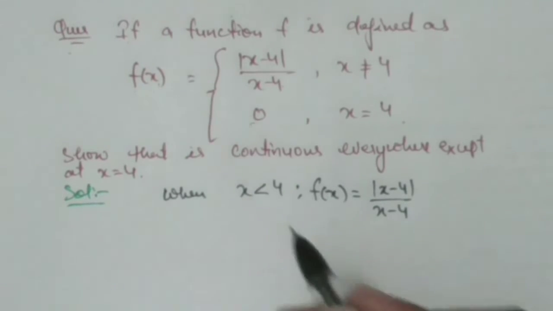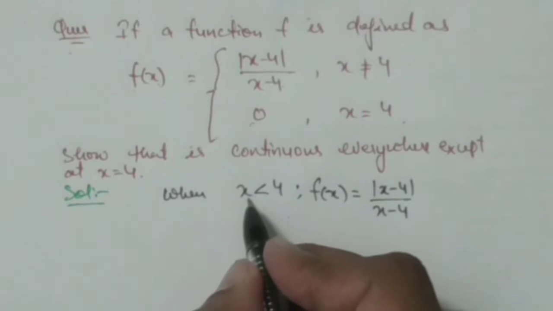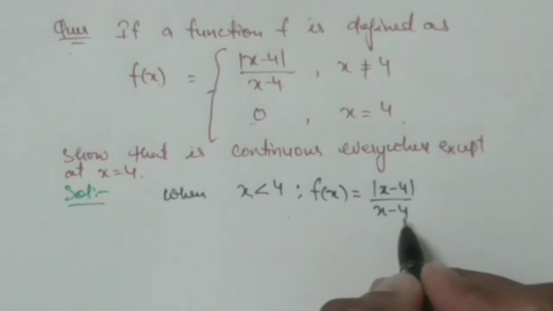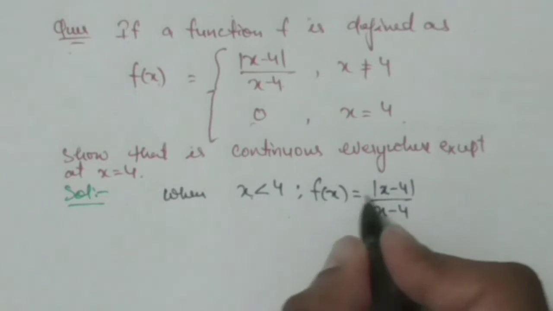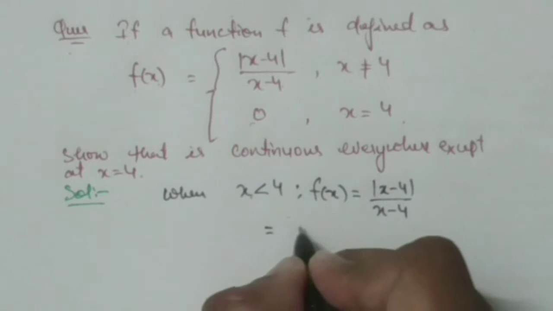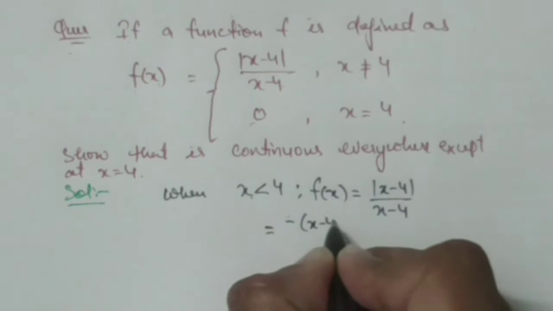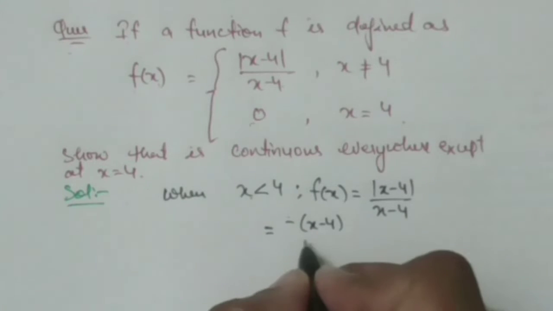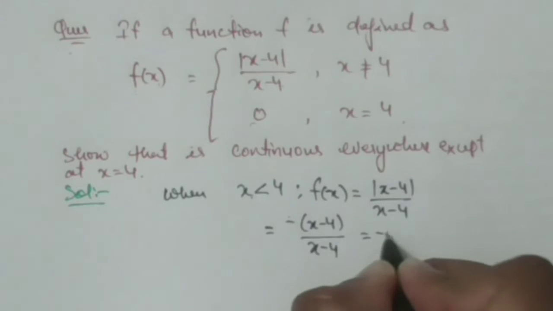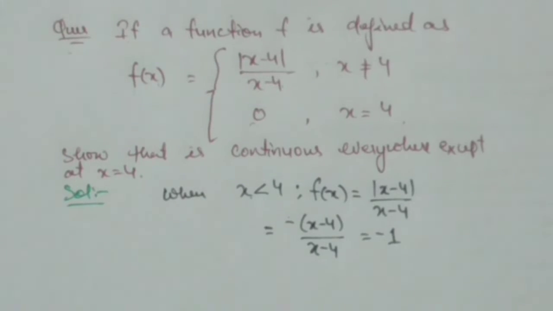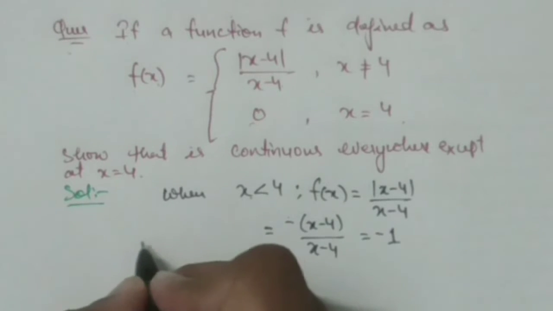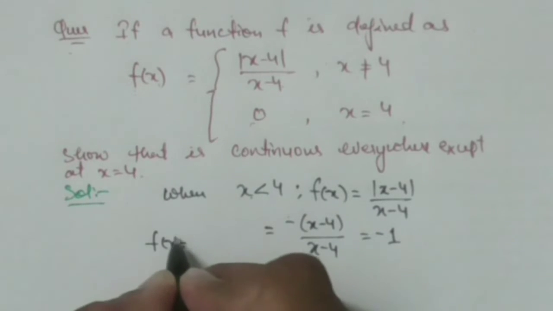Now here we have assumed that the value of x is less than 4. So x - 4 will be a negative value. So the mod of x - 4 will be equal to -(x - 4), right? So f(x) will be -(x - 4) upon (x - 4), and it is equal to -1. So when x is less than 4, f(x) is equal to -1.